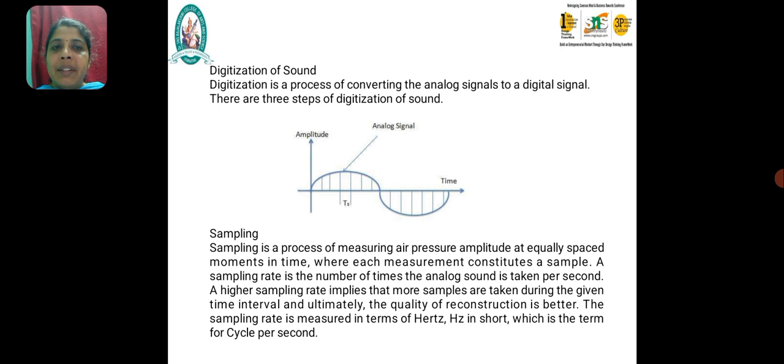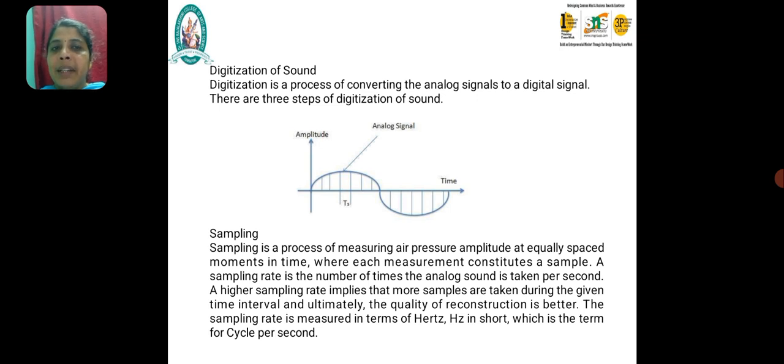The sampling rate is the number of times the analog sound is sampled per second. The higher sampling rate implies that more samples are taken during a given time interval, so ultimately the quality of reconstruction is better.